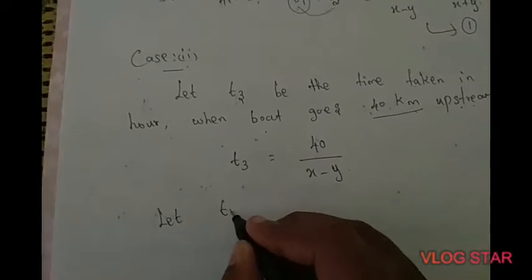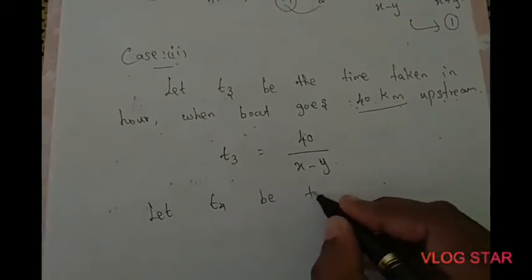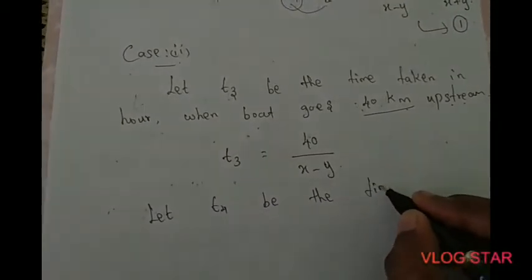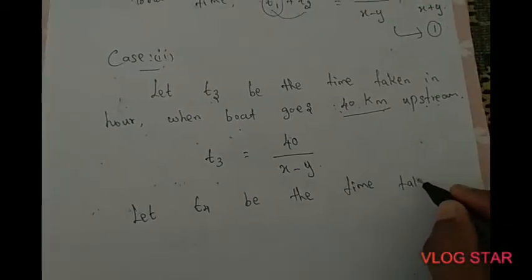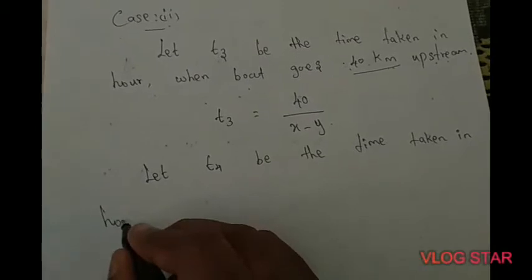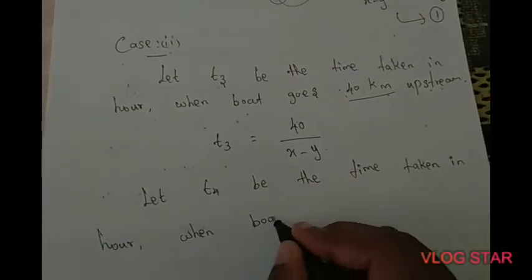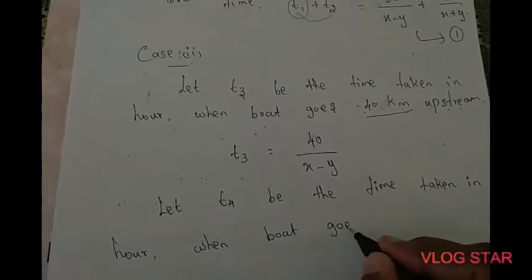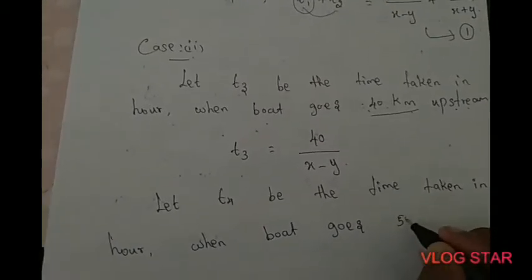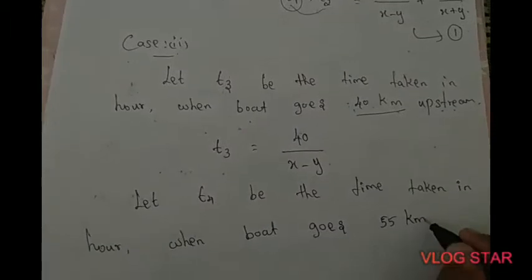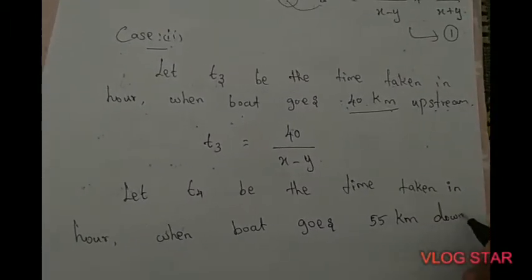Let T4 be the time taken in hour when boat goes, how many kilometer is given? 55 kilometer downstream.